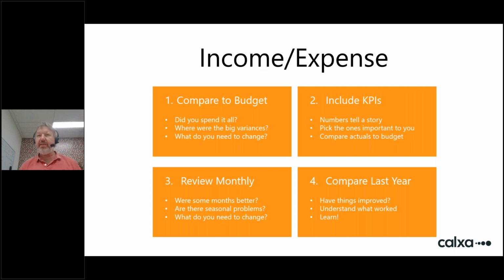Comparing against the budget is one thing, but it also makes sense to compare against the previous year. And yes, I know that the last 12 months has been quite different to many years for many of us, but it's still important.